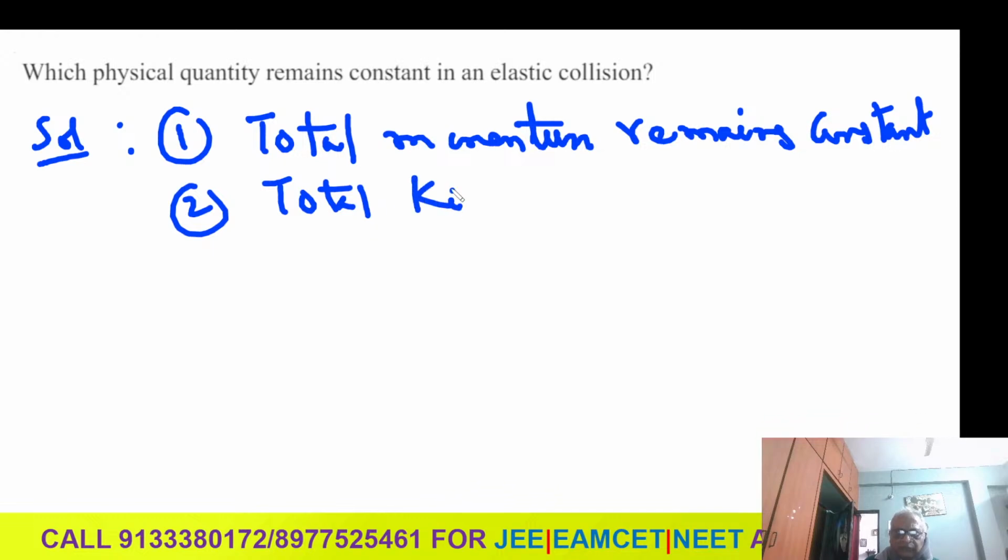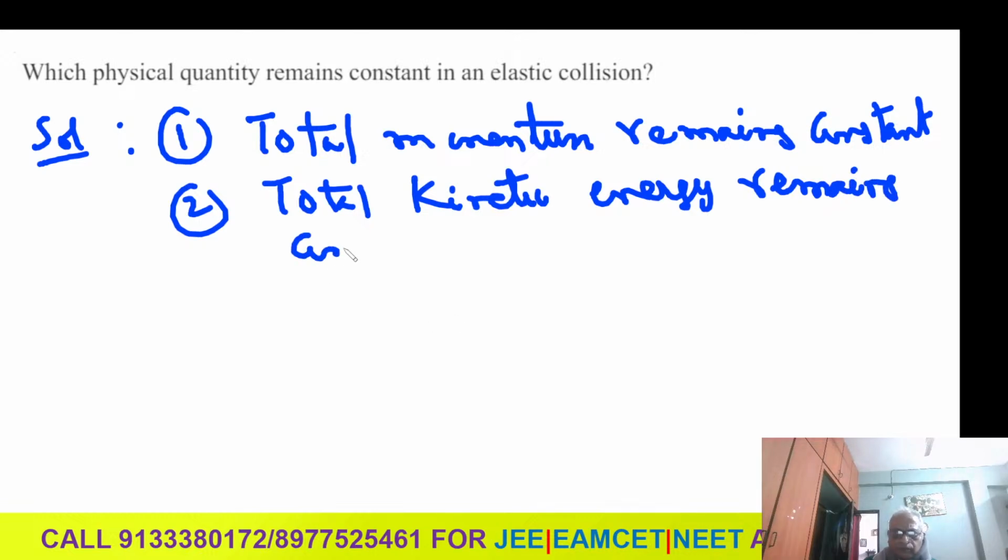In an elastic collision, total momentum before collision is equal to total momentum after collision. Similarly, total kinetic energy before collision is equal to total kinetic energy after collision.